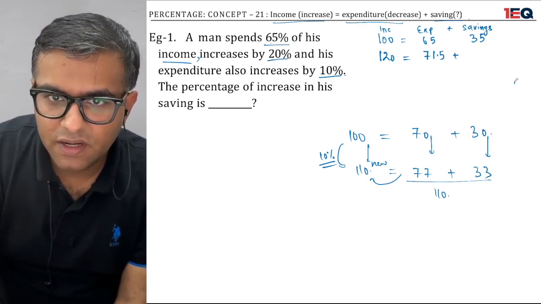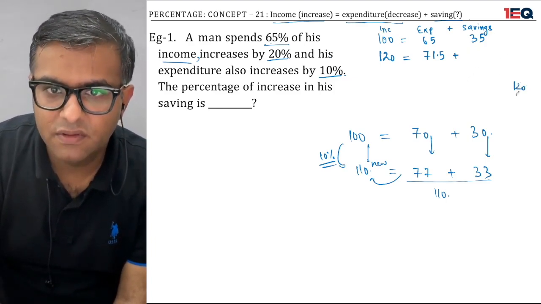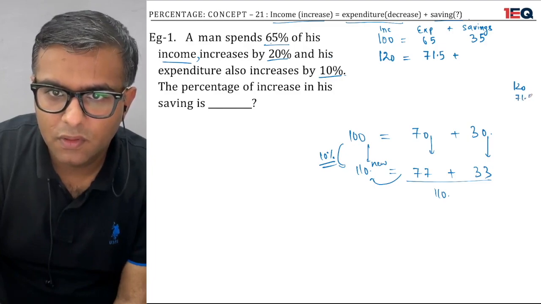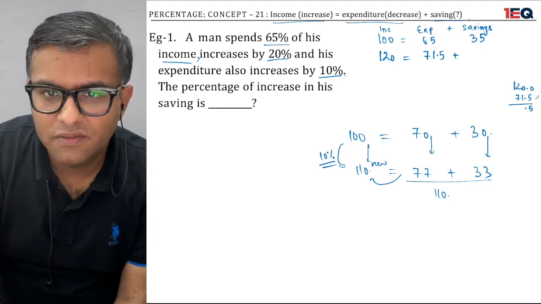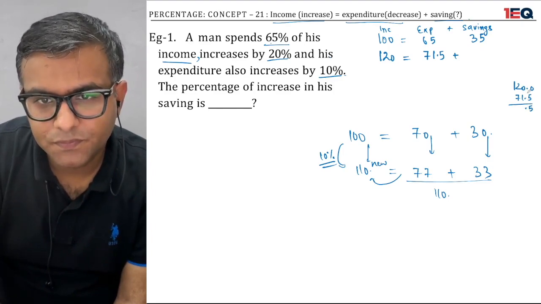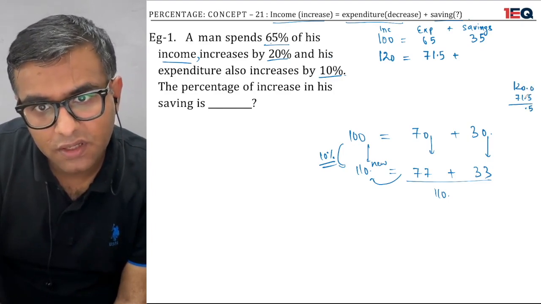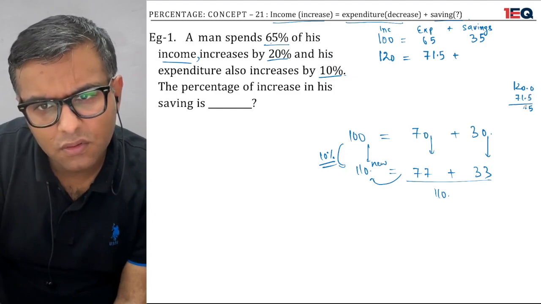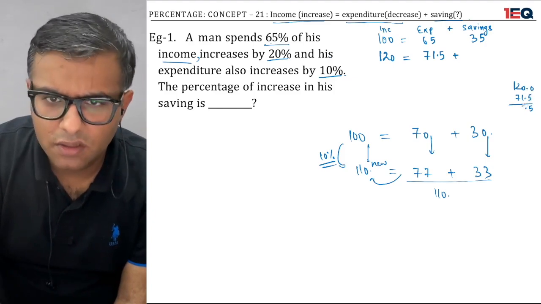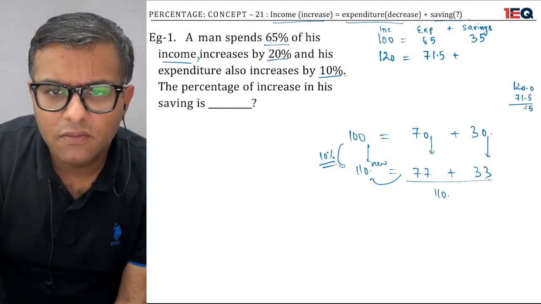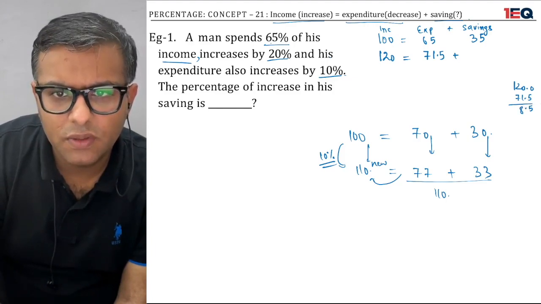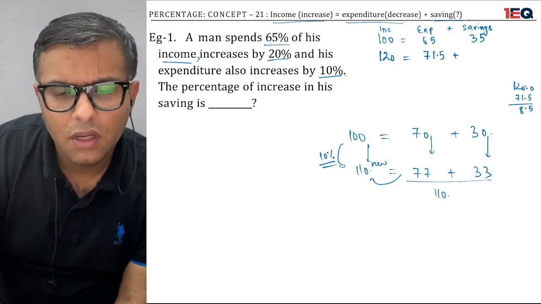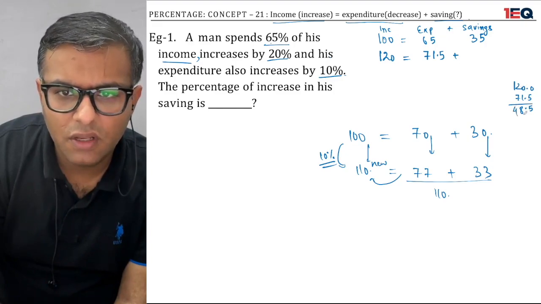The first way of finding the increase in savings is to find the new savings first: 120 minus 71.5, borrowing from the digits, gives 48.5.